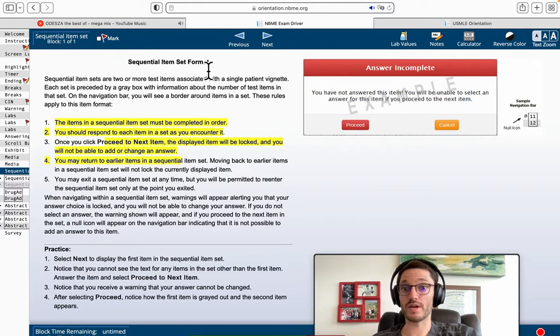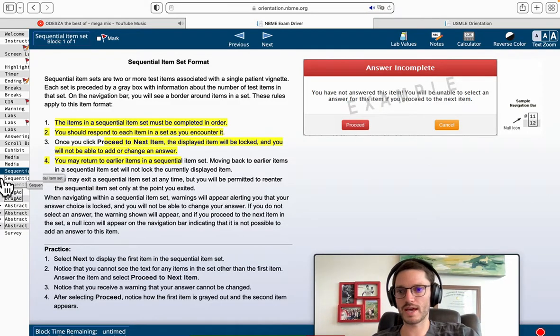And here, sequential item. This is very important. What does this mean? This is the box where you can see why these two questions are enclosed in a box. That's because those two questions are related. So it's the same case, probably two different questions of the same case.